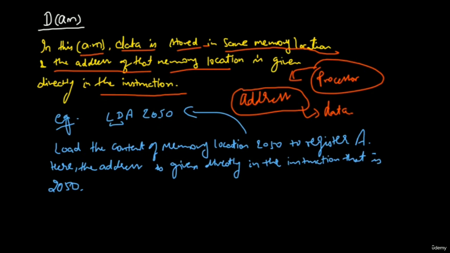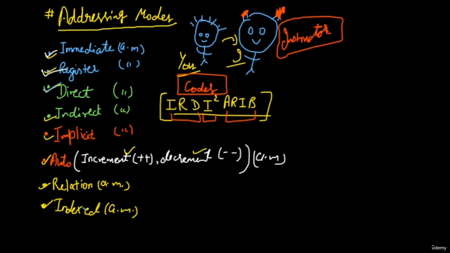Now we studied the direct addressing mode. So there is something called indirect addressing mode. Let's study that. Indirect addressing mode. So what does it actually mean? In the indirect addressing mode, let's start it like this.